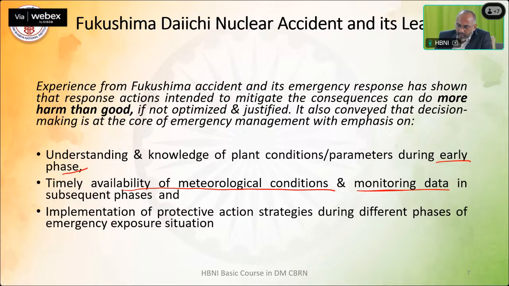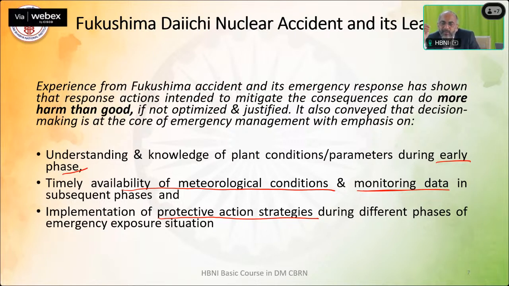And you will have to have protective action strategies and implementation in different phases. The strategies are going to be different for different phases. In the early, immediate aftermath of an accident, your strategy will be to implement the urgent protective actions needed to reduce the doses.